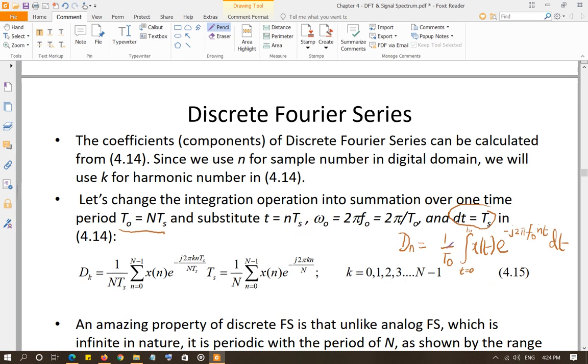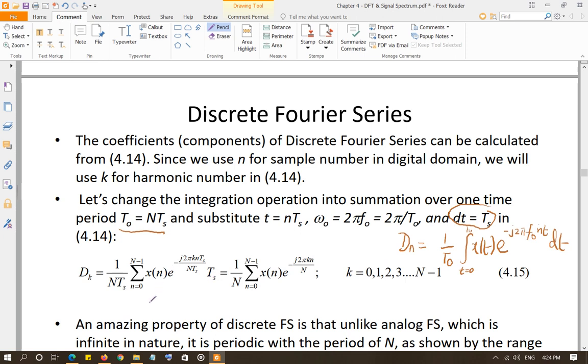So we change those values and change the integration into summation, because integration is for a continuous signal and summation is for a discrete signal. We convert T naught into n Ts, change the integral into summation, and in one time period we have n components, from 0 to n minus 1. We use x of n instead of x of t.